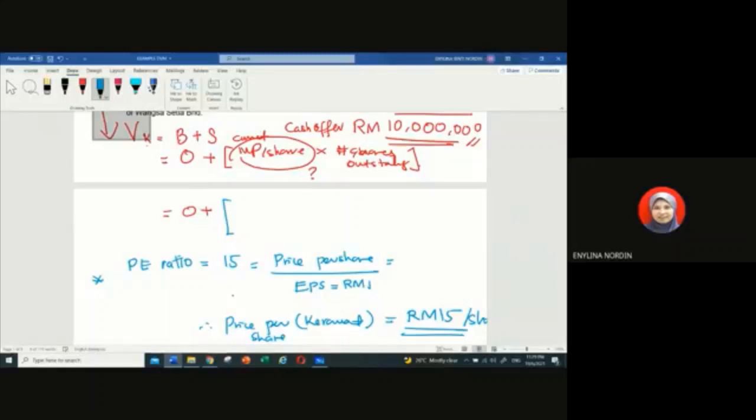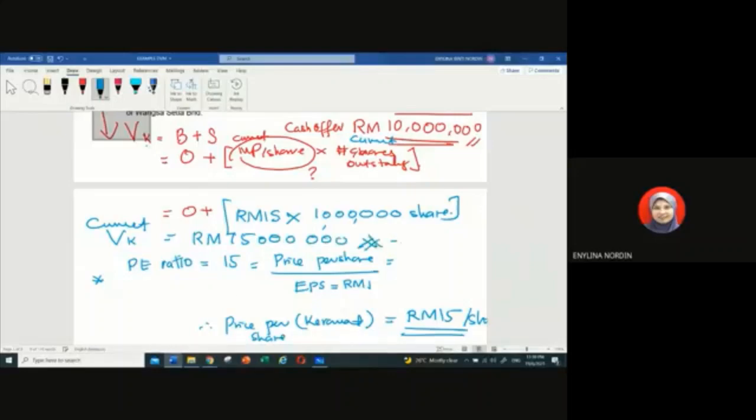The value of Keramat equals the current price of 15 ringgit multiplied by the current shares outstanding, which is 1 million shares, not 1.6. That one is after the acquisition. Therefore, the current value of Keramat equals 15 million ringgit.